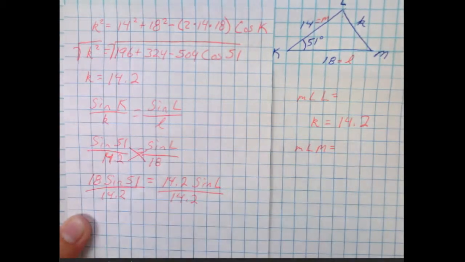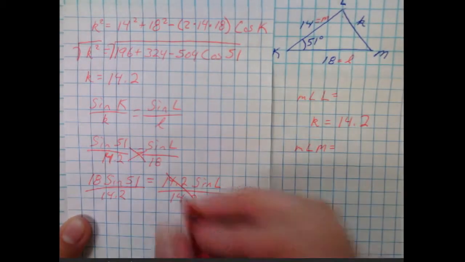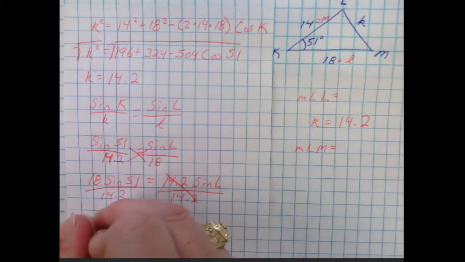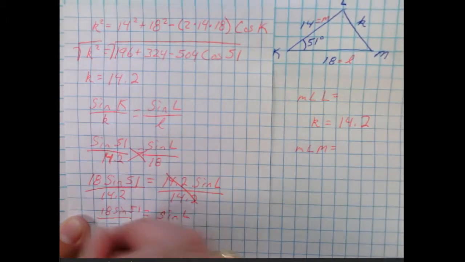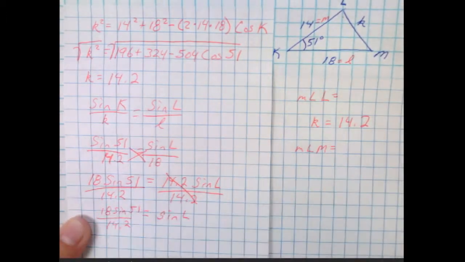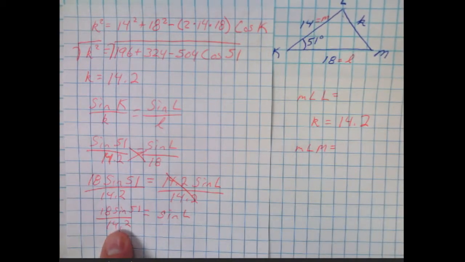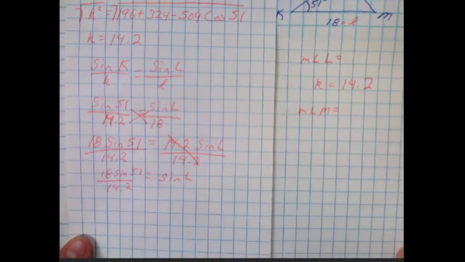So 14.2 on both sides. So those cross out. We're left with sine of L equals 18 sine of 51 over 14.2. And you've noticed I haven't simplified this fraction over here yet. I'm going to wait and do all of that in my calculator so that I have the most precise answer.